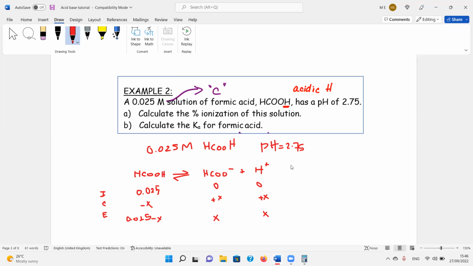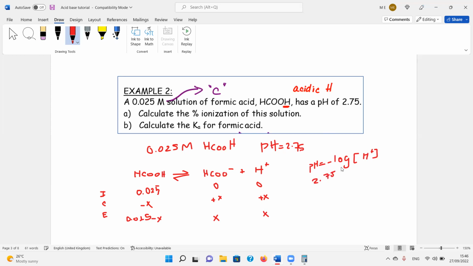Here we were given the pH. pH is 2.75. As we know, pH equals minus log the concentration of hydrogen, and we are given the value of this, which is 2.75.